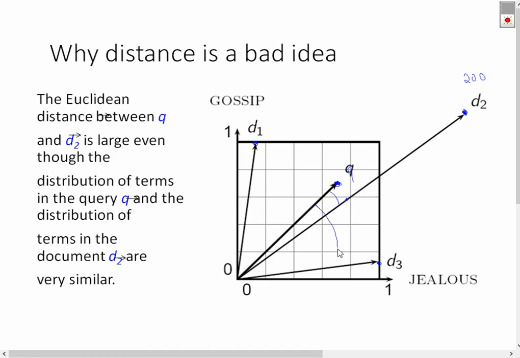This angle here is quite a bit larger, as is this angle over here. So this is maybe angle 1, this one would be angle 2, and maybe this is angle 3. Each of these are different angles. So you can see if we're actually measuring the angle, this length, this distance doesn't really matter.